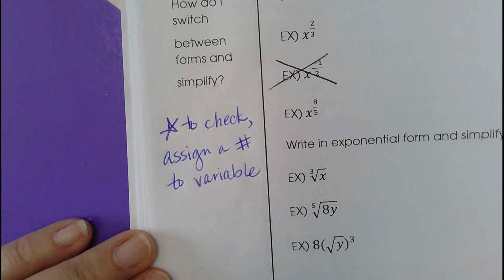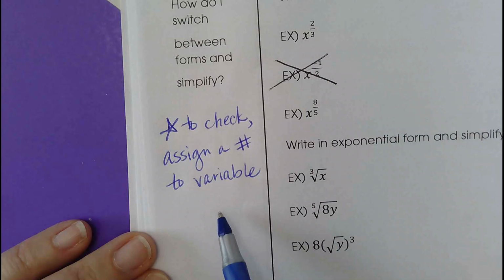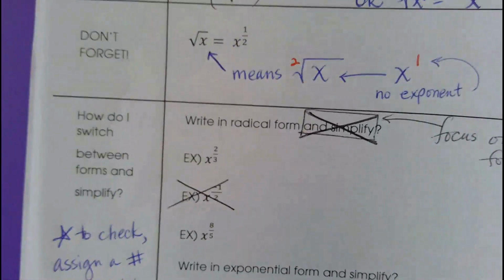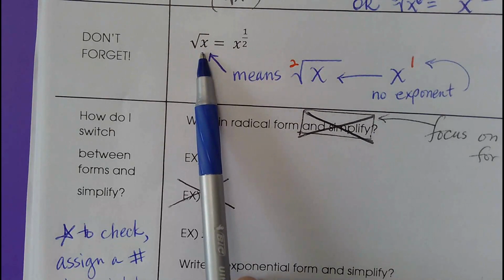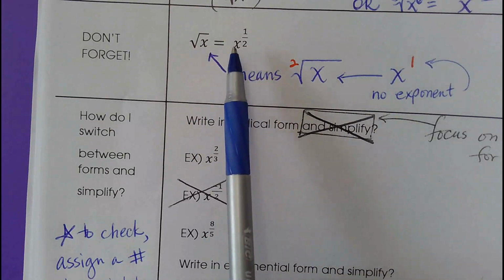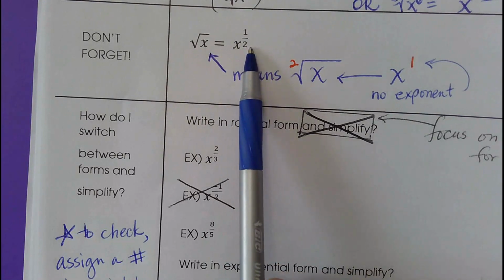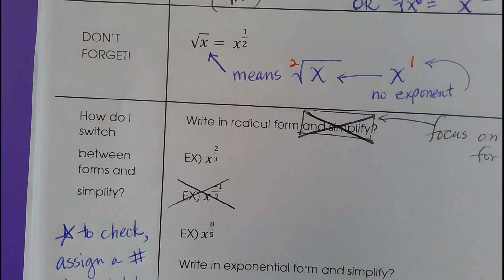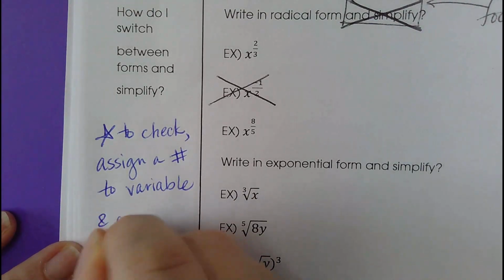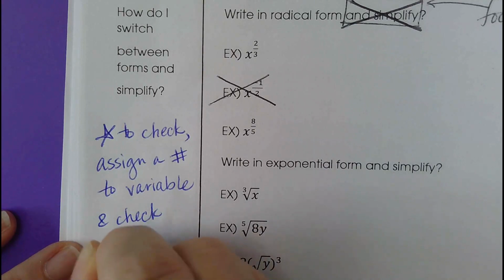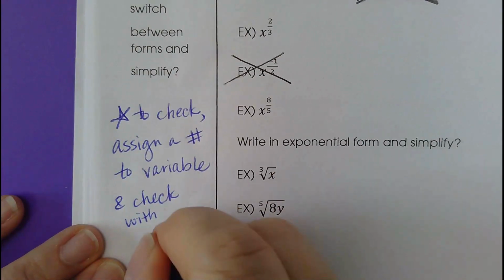If you want x to be 17, make x 17. It doesn't matter at all. And then when you have an expression here, if I did square root of 2, I could put that in the calculator and get a value. I could also do 2 to the 1/2 power and verify that that is truly equivalent. So you can check yourself and make sure that what you're writing is good and your practice is accurate. Check with calculator.